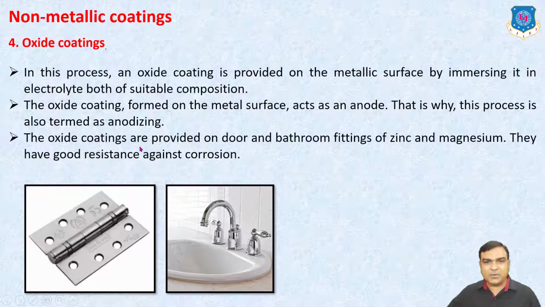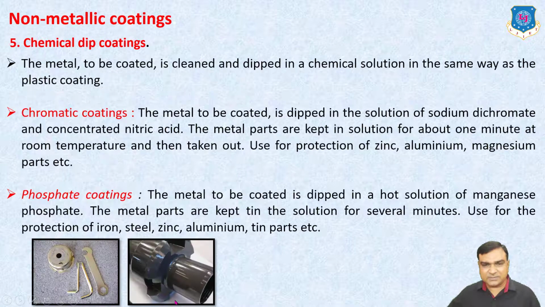The oxide coatings are provided on door and bathroom fittings of zinc and magnesium. They have also resistance against corrosion. So the hinge which is at the door and the bathroom components are coated with oxide coatings.